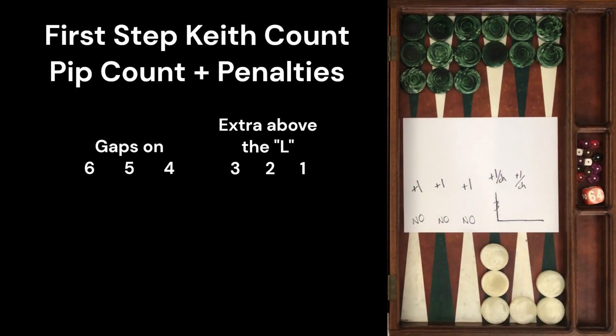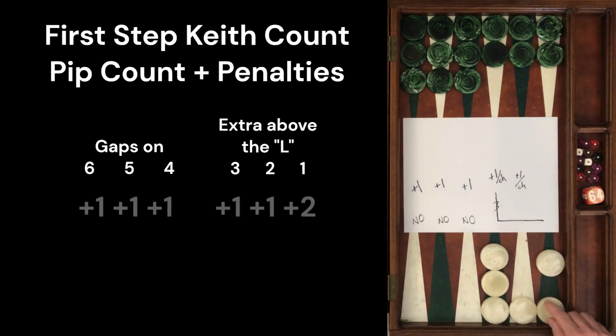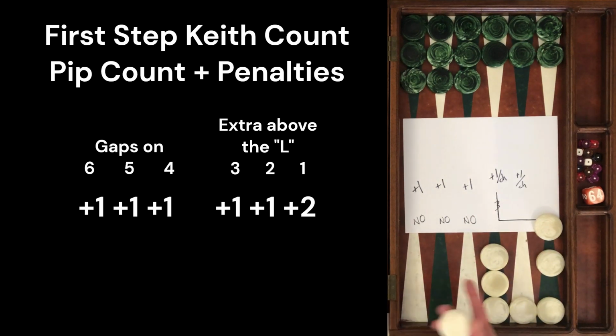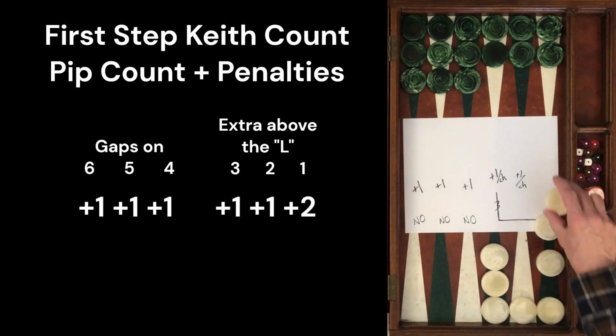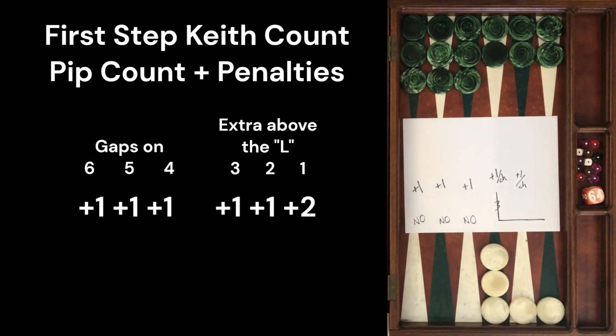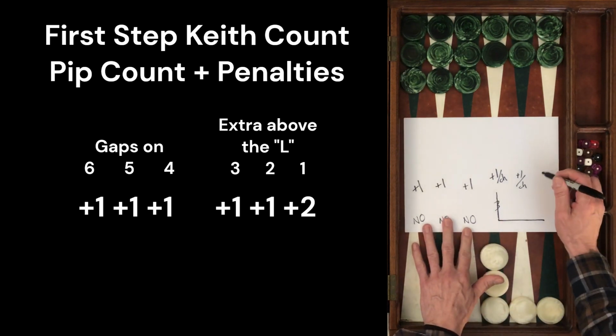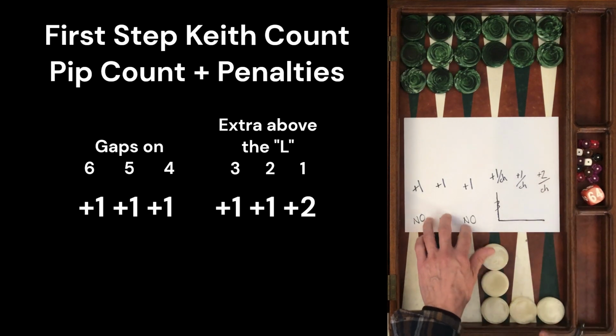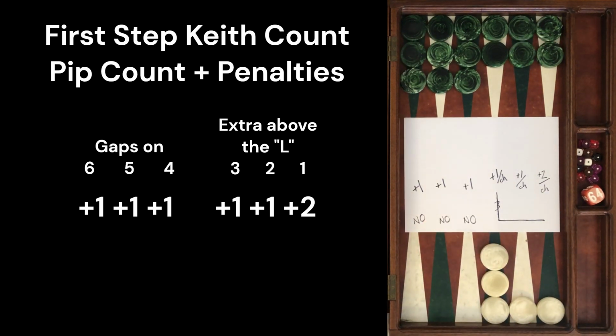Pretty easy. Any checkers over 1 on the 1 point are a penalty of 2 each. So this would be a penalty of 2, penalty of 4, penalty of 6. So for the 1 point, anything over 1 is a 2 point penalty per checker.